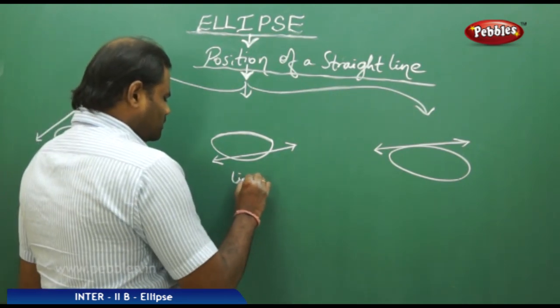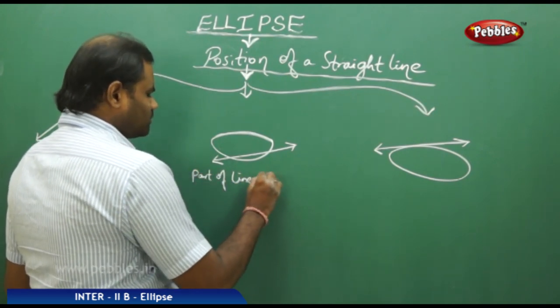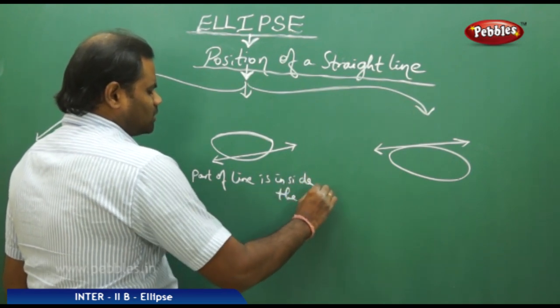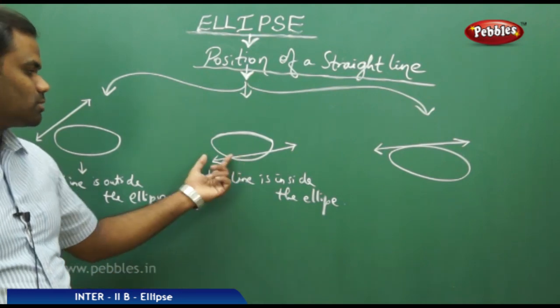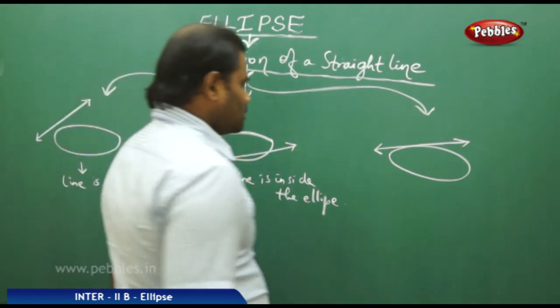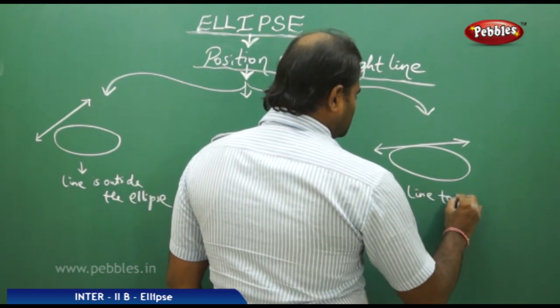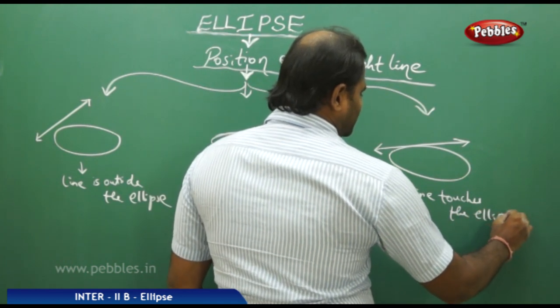Here, part of the line is inside the ellipse. That means the line intersects the ellipse at the most at 2 points. Now here, the line is touching the ellipse.